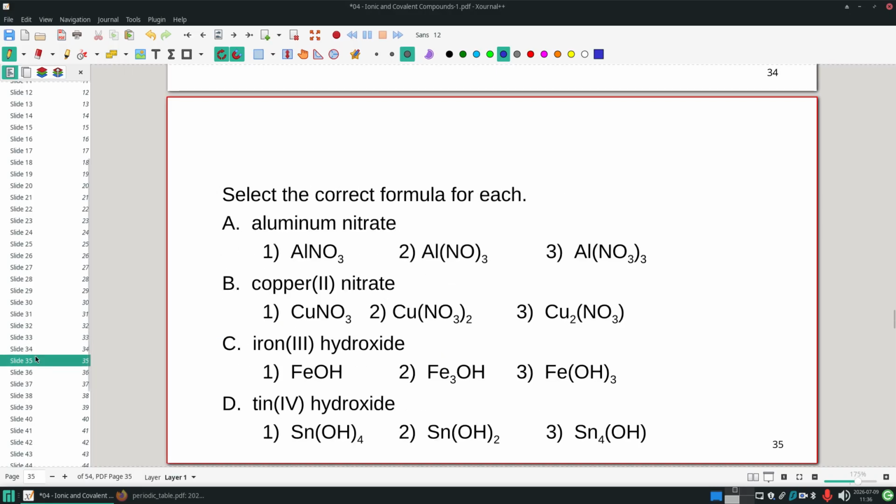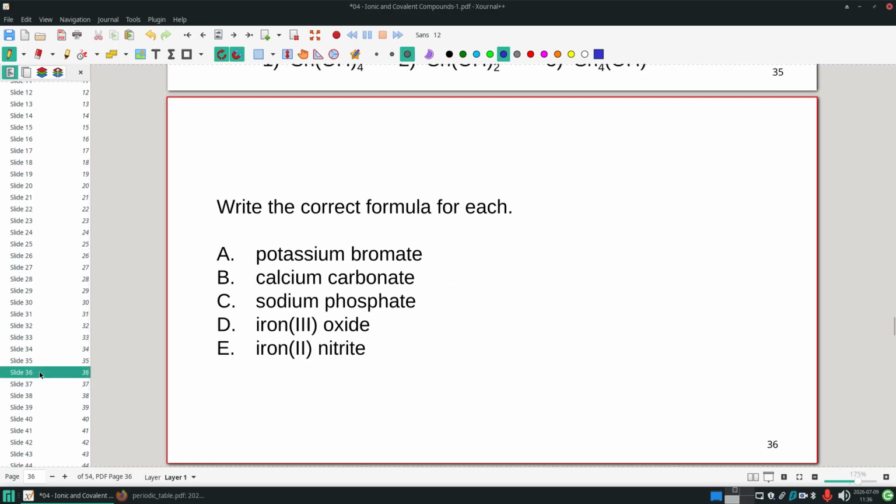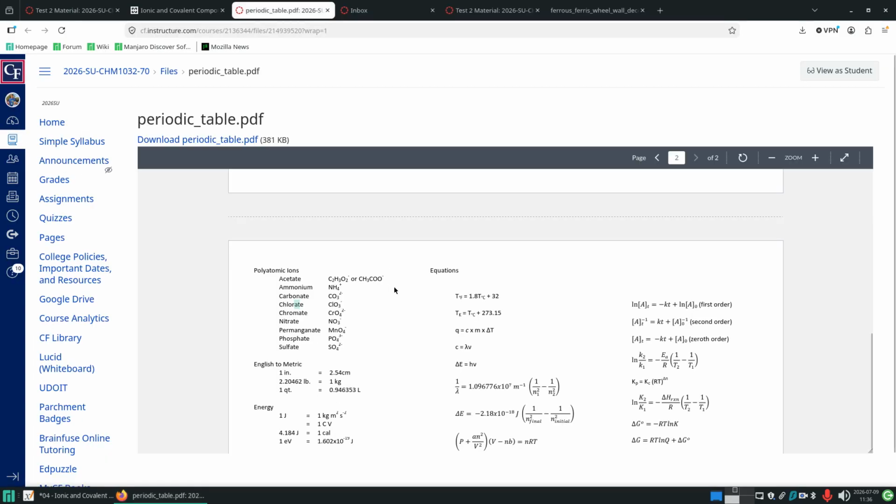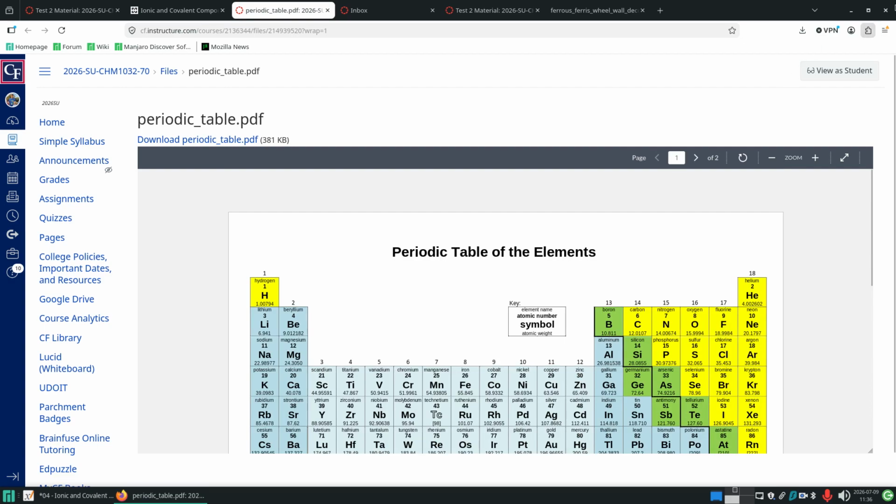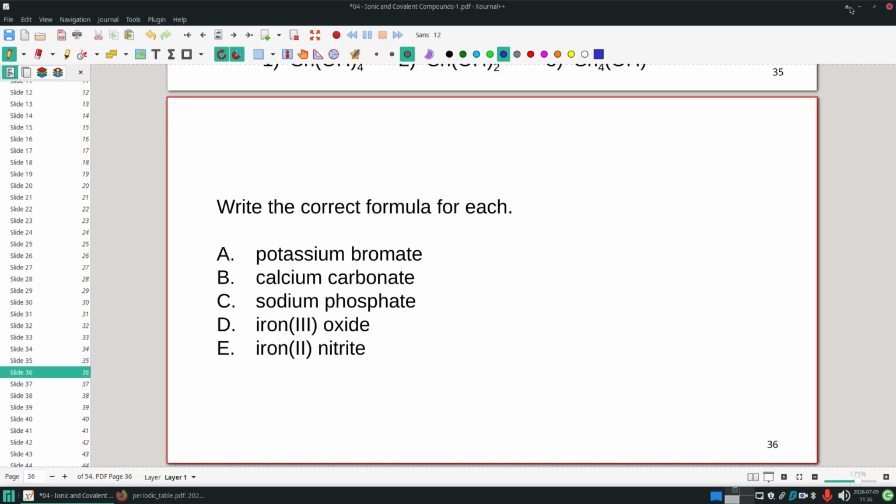Okay, moving on, because we can actually do that. Let's recreate one of these. We're going to do the first one and the last one, because it combines all of our steps. So potassium bromate. Now, potassium is on the periodic table. It's in group 1. So we know that potassium is going to just be K+.